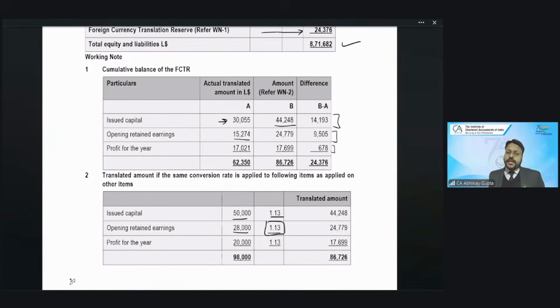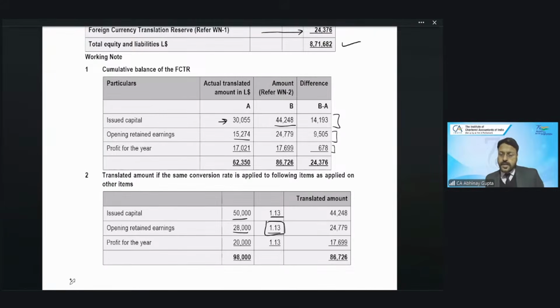Now opening retained earning means profits for the previous year, which have been earned throughout the previous year, right? Now opening retained earning sitting on my balance sheet on the opening date is the profit for the previous year, yes or no? Yes, sir. Now that retained earning would be sitting in the form of bank balance, cash balance, or some other assets in my balance sheet?